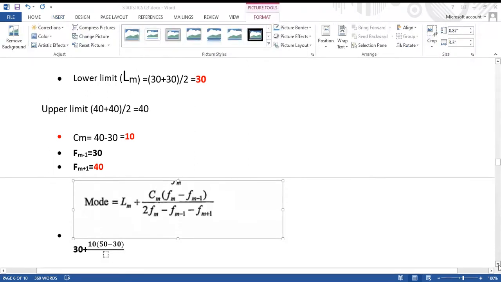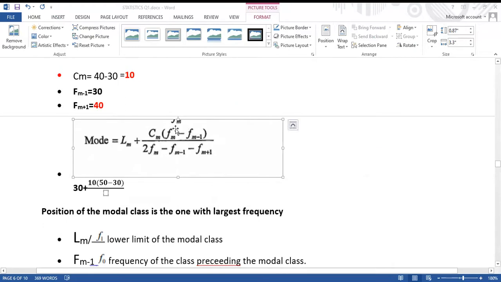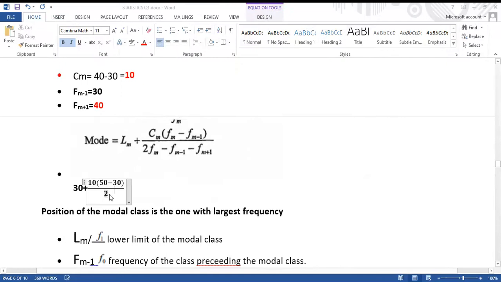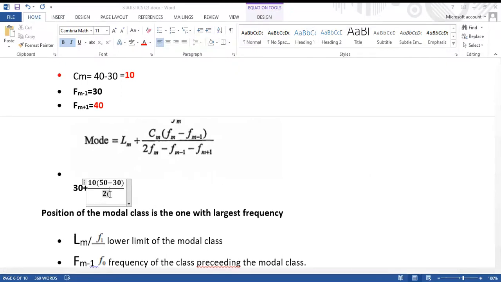All right, so this is much better, all right? So below in our denominator, we have 2 open brackets, 2 times fm. fm is what again? fm is 50, 2 times 50.